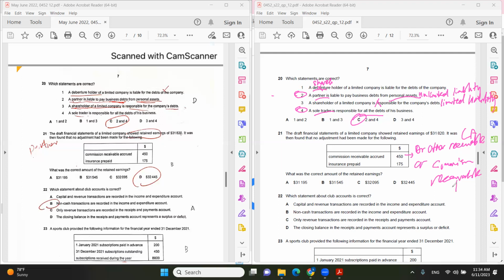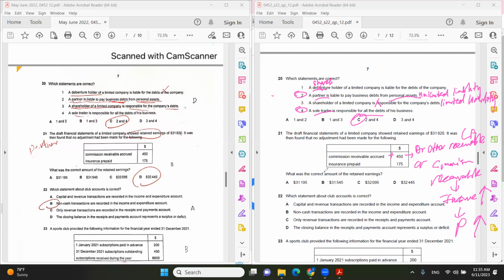When we credit commission receivable, income increases. When income increases, profit will increase. So what is the question they ask? What was the correct amount of the retained earnings? So that means I have to add 450 to this draft retained earnings.